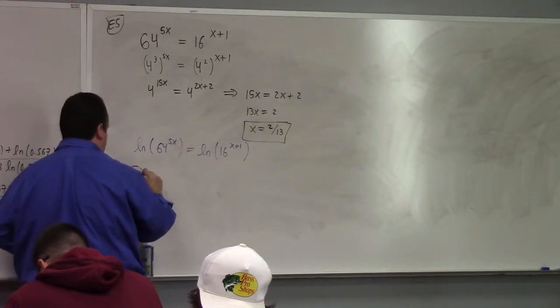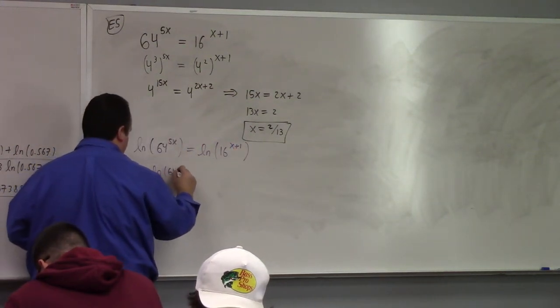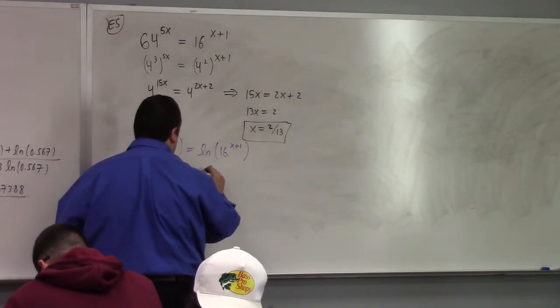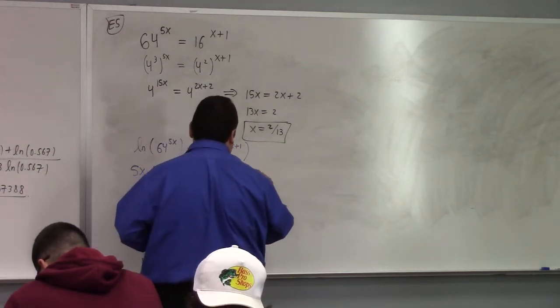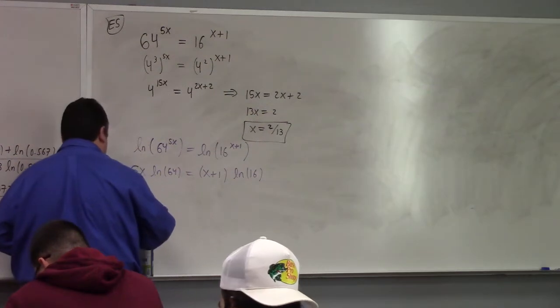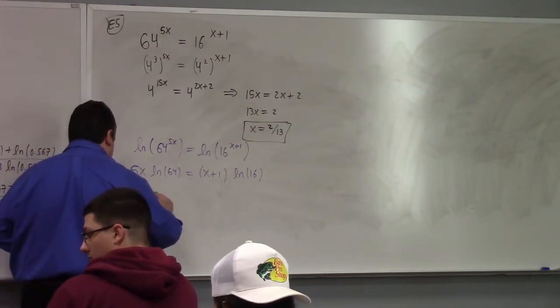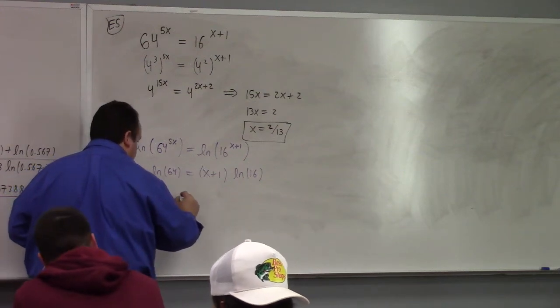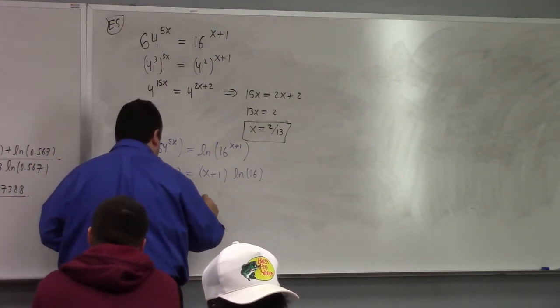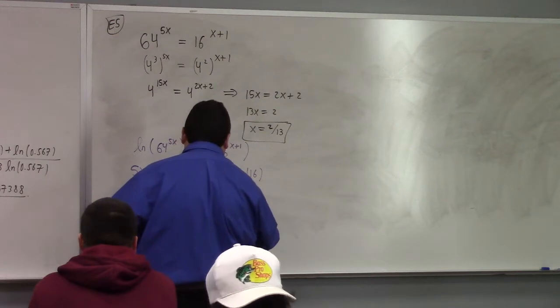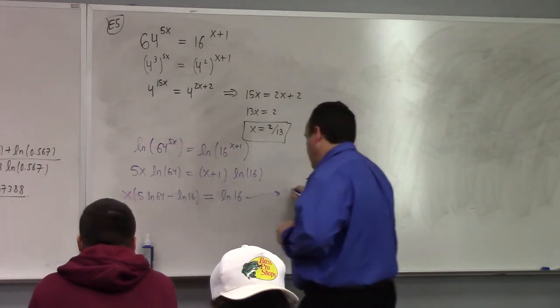That gives me 5x log of 64 equals (x plus 1) times log of 16, which gives me x times (5 log 64 minus log 16) equals log 16.